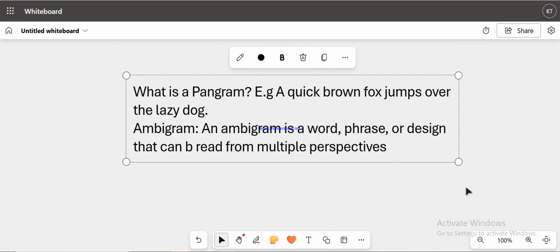An ambigram is a word, phrase, or design that can be read from multiple perspectives.